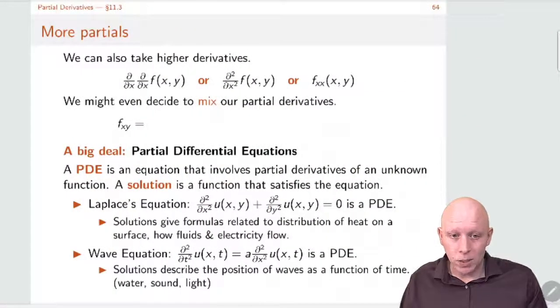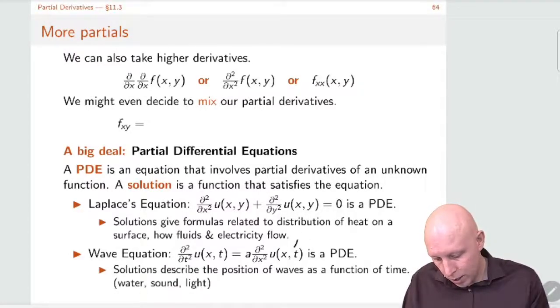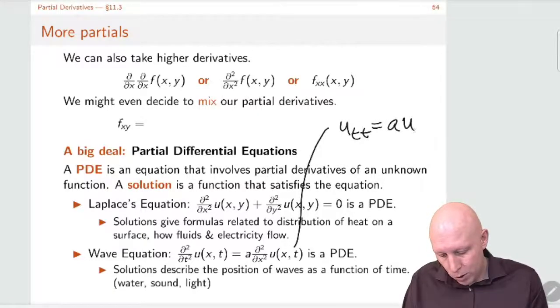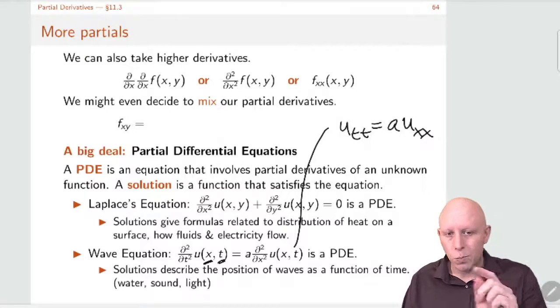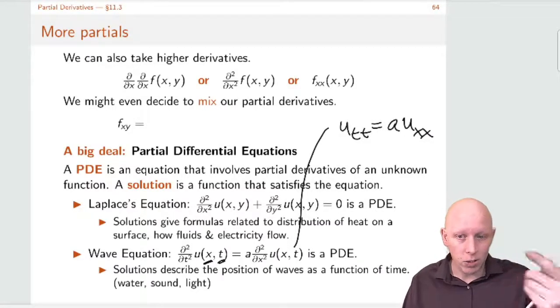Another classic example is the wave equation. Another way to write this is u_tt equals a times u_xx. So in this example, our two variables correspond to a position and a time, so something's changing over time.